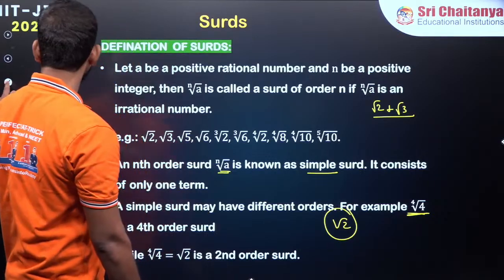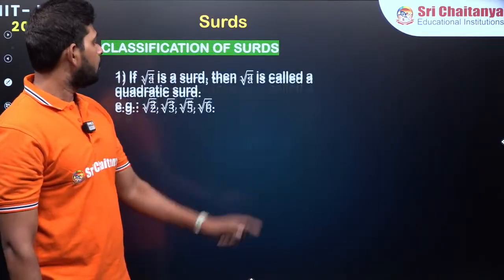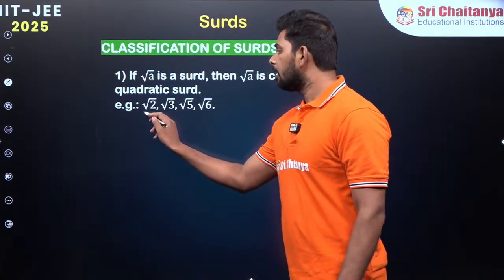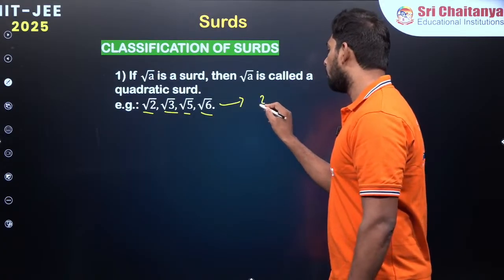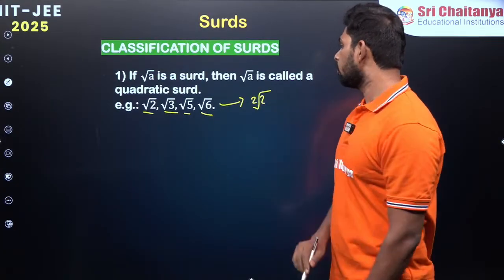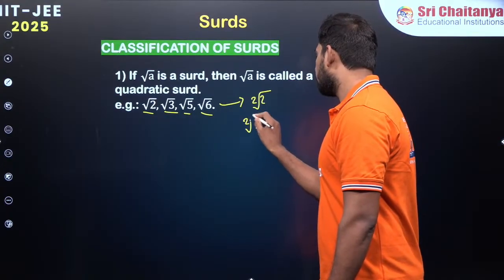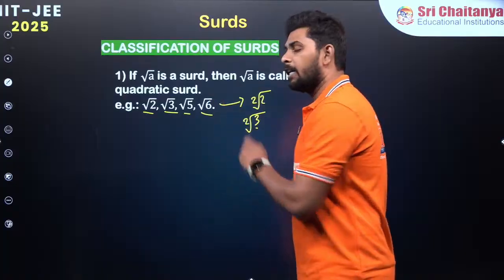Then we have the classification of surds, and the first one is the quadratic surd. You can see root 2, root 3, root 5, root 6, all these are square roots, so they are quadratic surds.